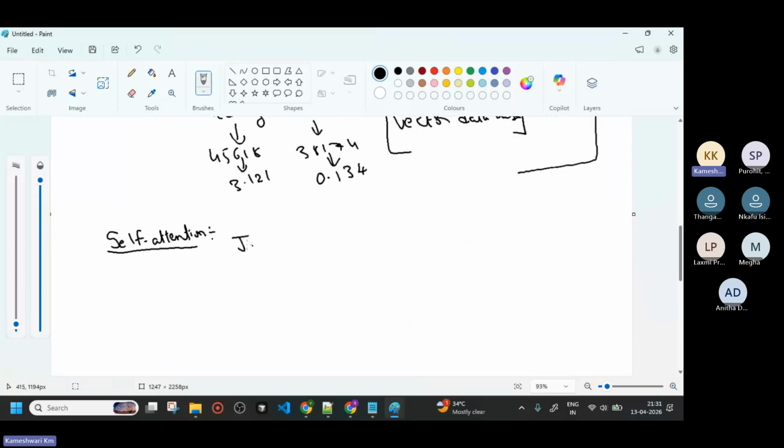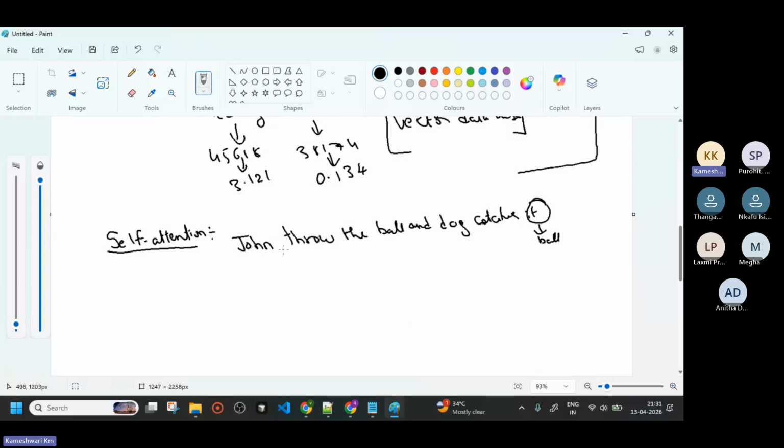For example, John throws the ball and Doc catches it. Here "it" refers to the ball. So how is the LLM going to respond? Here it is going to make combinations.